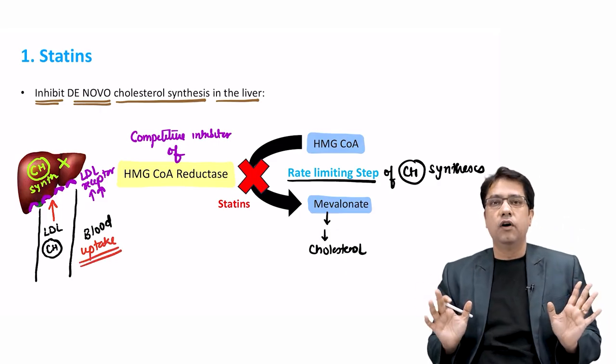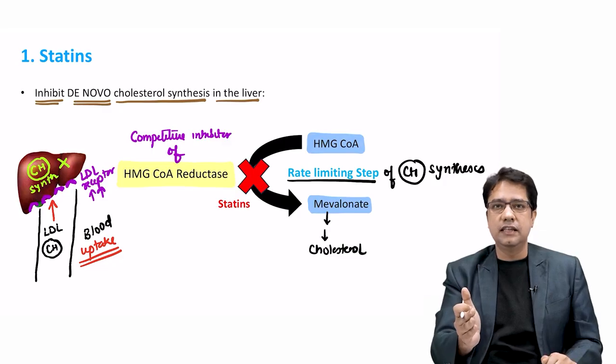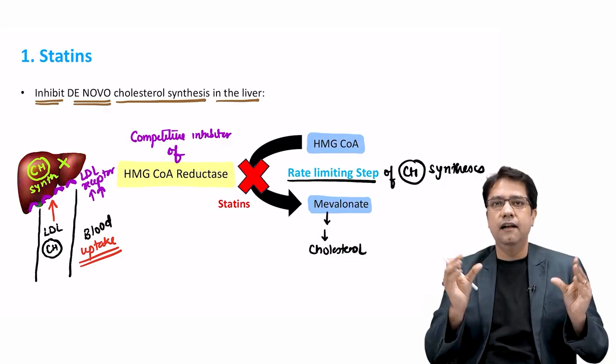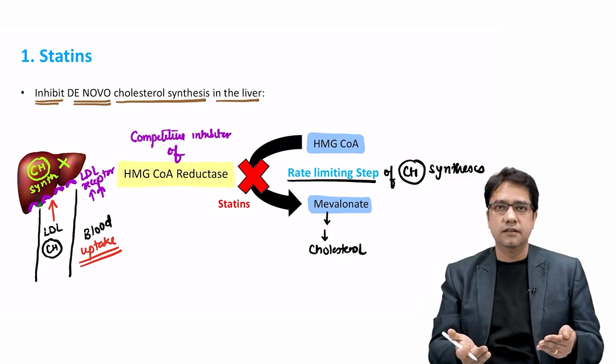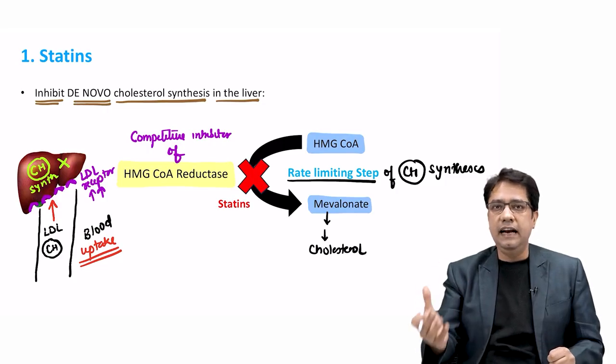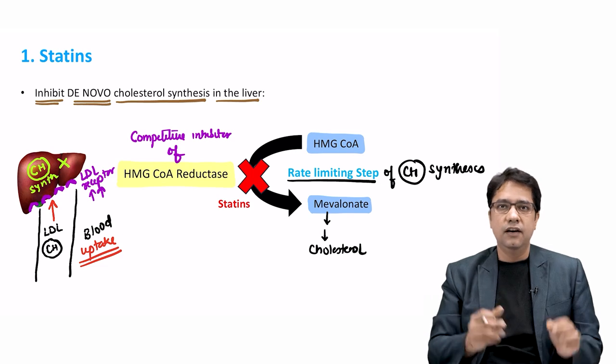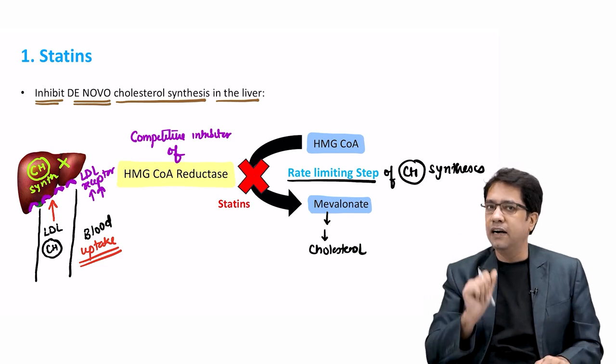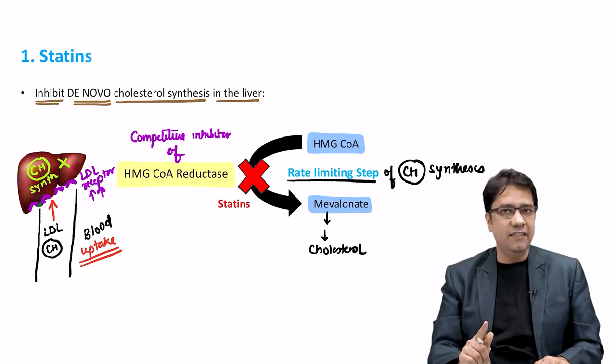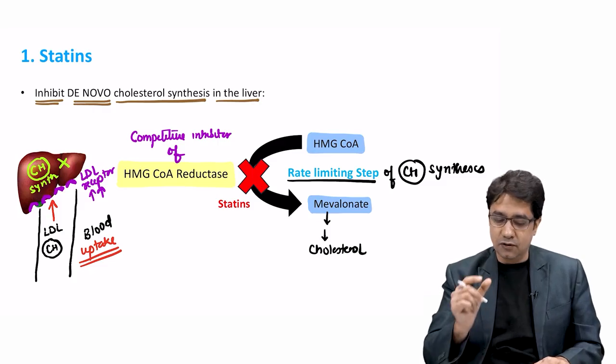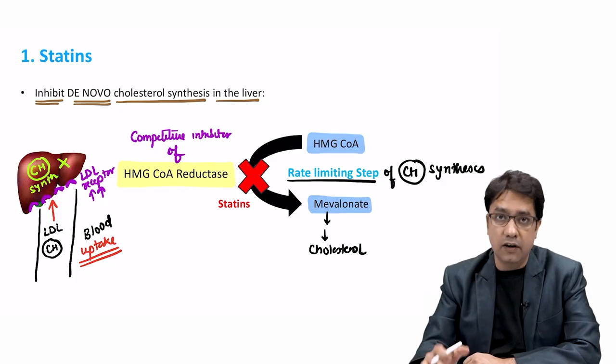In simple words, if you inhibit cholesterol synthesis in liver, LDL receptors on liver will increase and liver will now take LDL cholesterol from the blood. Don't you think it will reduce blood lipid levels or blood LDL level, which is a good thing. So this is how statins work.